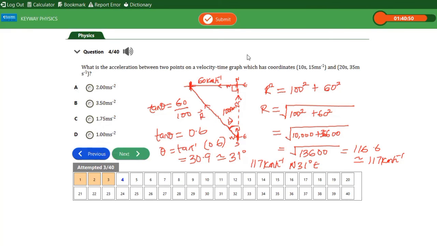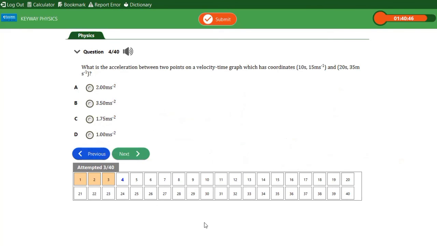So the next question says, what is the acceleration between 2 points on a velocity time graph which has coordinates of 10 seconds, 15 meter per second, 20 seconds, 35 meter per second? To make this one as simple as ABC, just know that your acceleration is what?